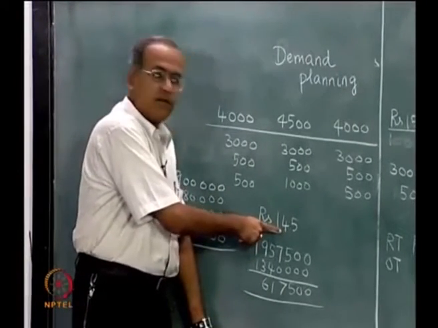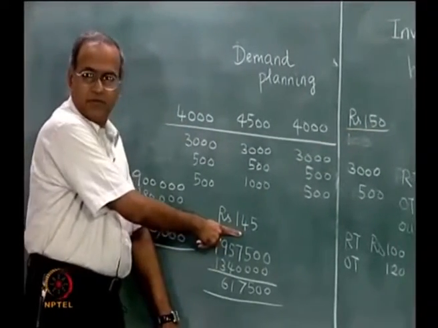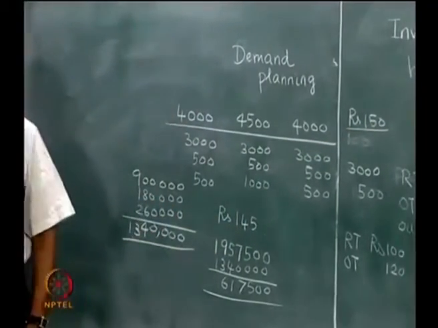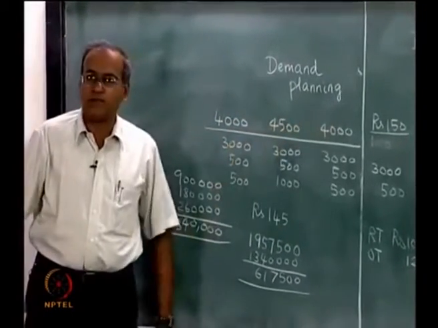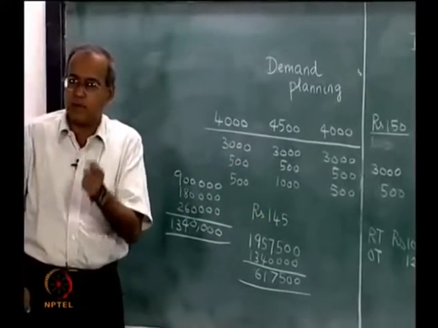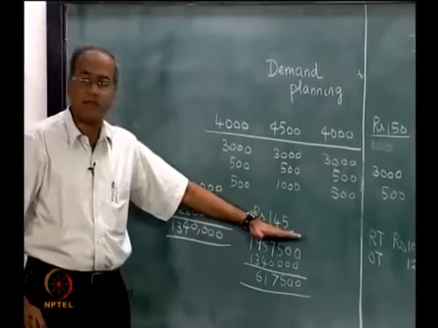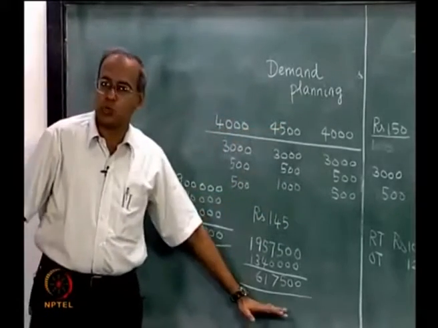So, there is some kind of a loss because the 150 has become 145, but unless the organization is able to increase the demand, number one, as well as spread the demand, if the organization is able to do these two things by offering this discount, then it is profitable for the organization to do this.